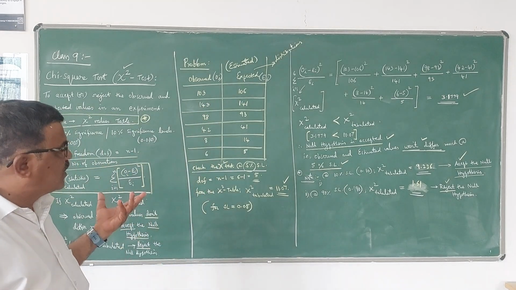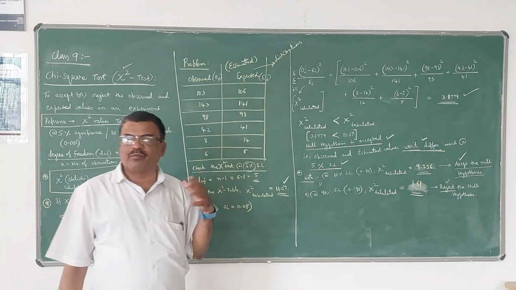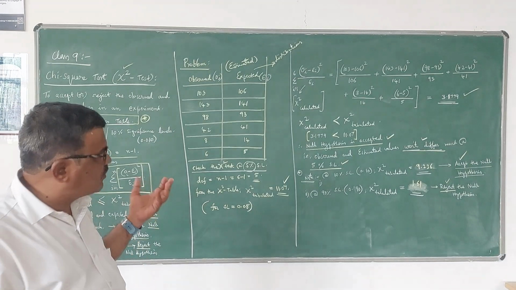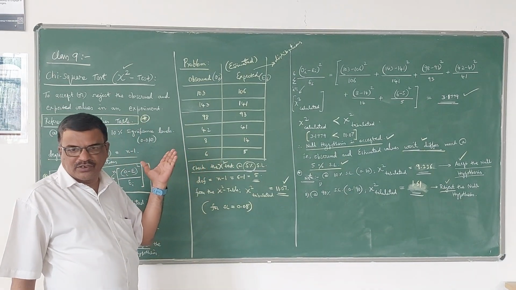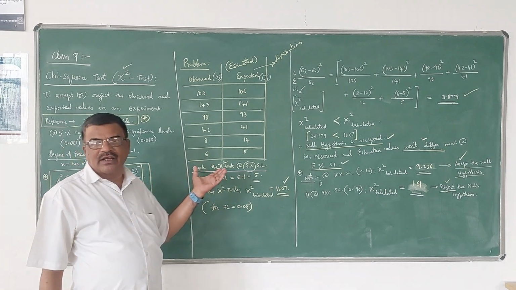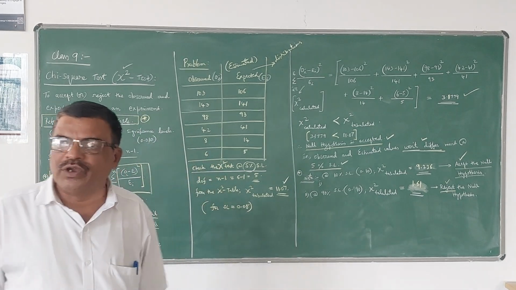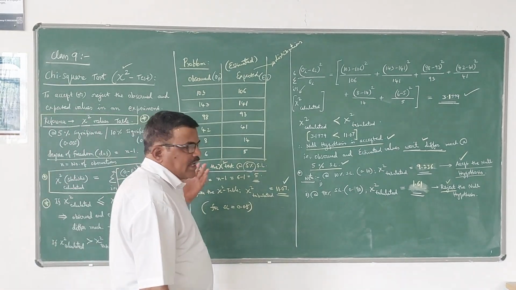If the correlation coefficient is greater than 0.7 or 0.8, it definitely has a very good correlation. For this problem too, you will get more than 0.7 or 0.8, which means the values are good. So the higher the correlation coefficient, the more we can accept the data.